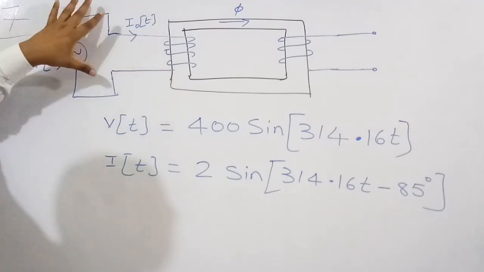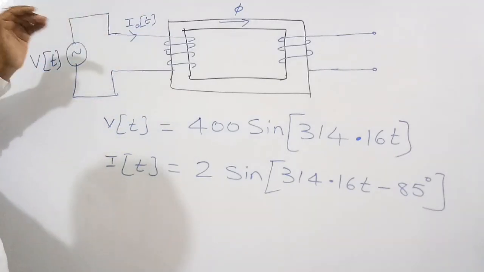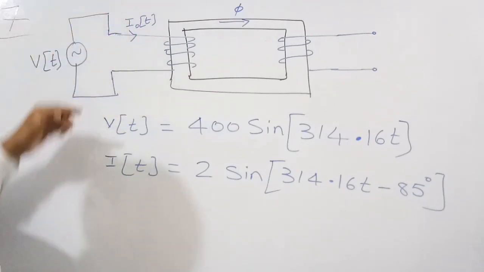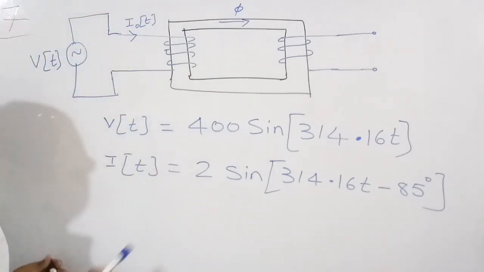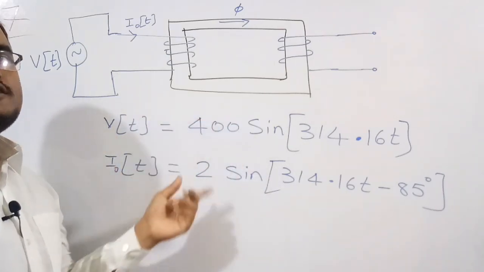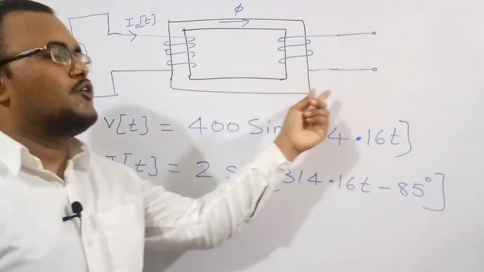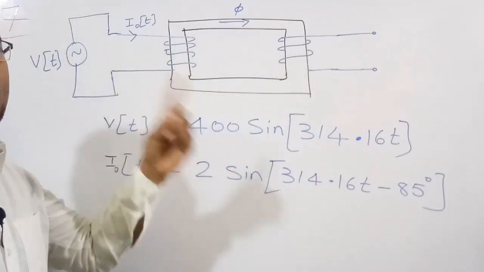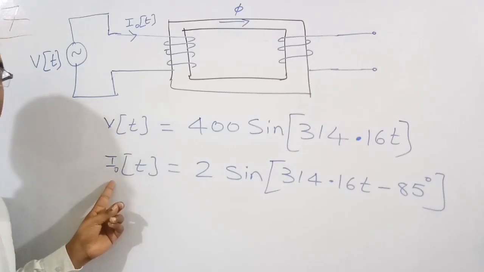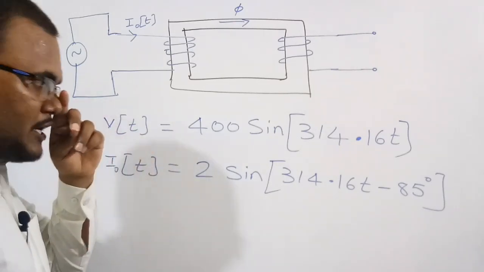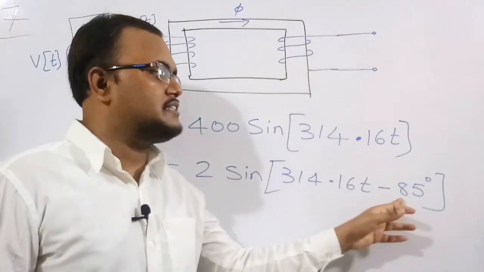Therefore this circuit is going to pass a current, because whenever there is a closed circuit the current will flow. The current drawn at no load is called the no load current, because the load is absent, meaning no load condition. The expression of the no load current is already given in the question, which is I naught of t = 2 sin(314.16 t - 85 degrees).